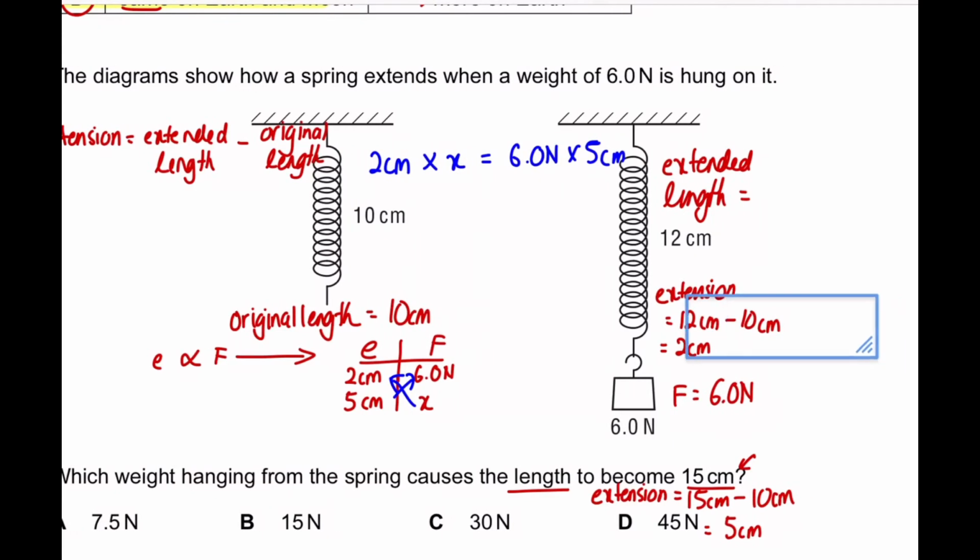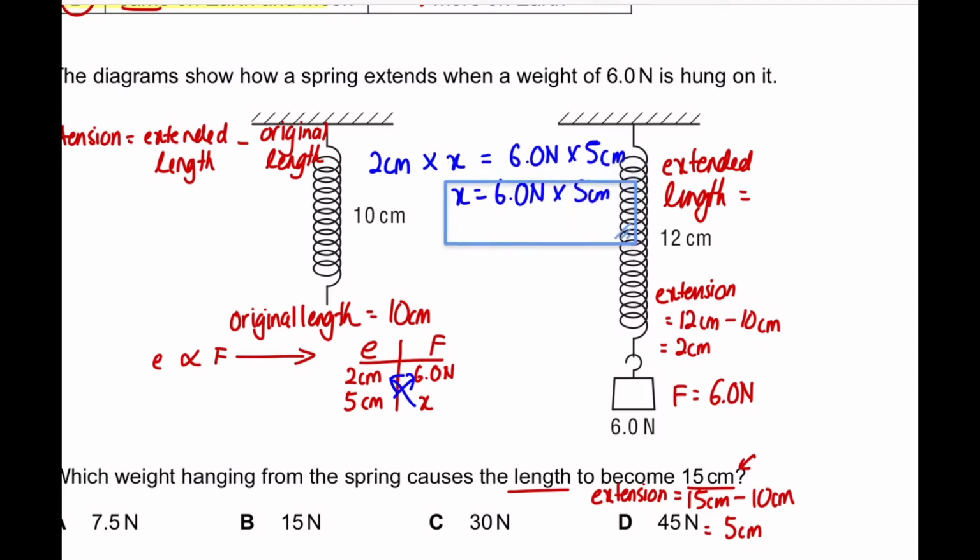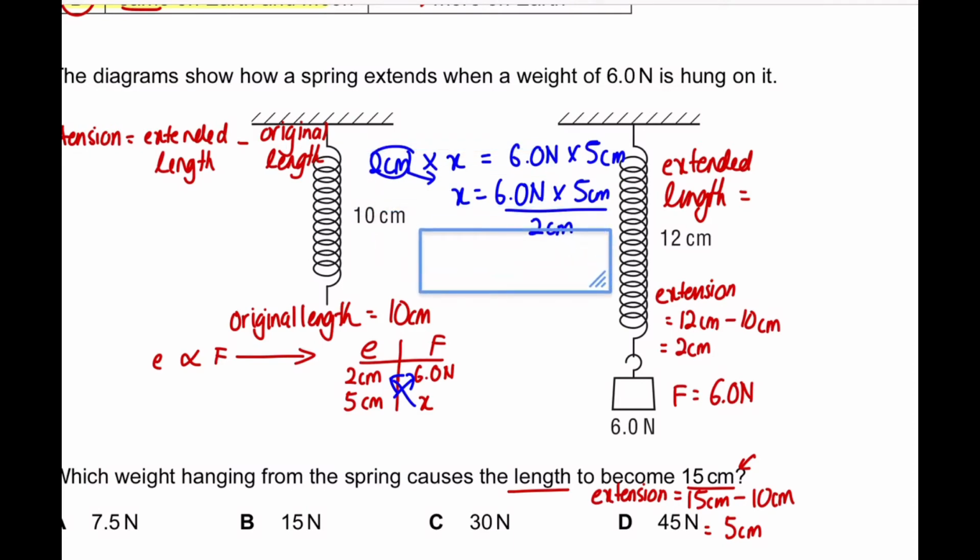Resuming the mathematical equation, X is equal to 6 Newton multiplied by 5 centimeter divided by 2 centimeter. I just moved the 2 centimeter over to the other side, which results in the second line. Now in the third line, you cancel centimeter by centimeter.